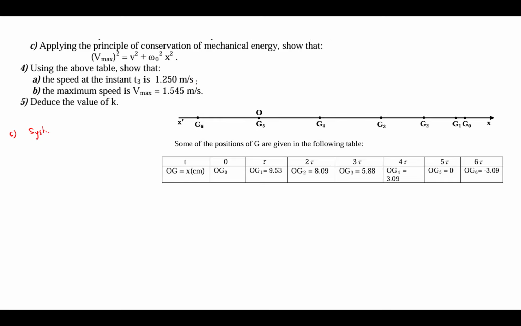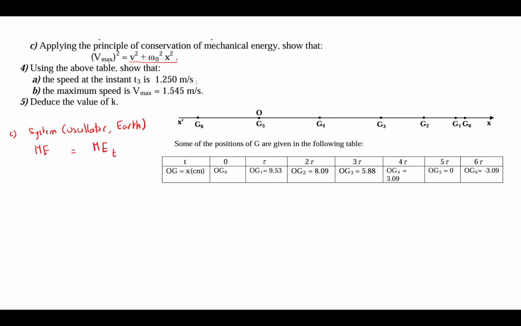The system is the oscillator and Earth. Now, in order to do the conservation, this means I need to do ME equals to ME. Which two ME I should take? Here, it's at any instant. There's no precise instant. So I'll say at any instant t. Whereas here, which means for any x.